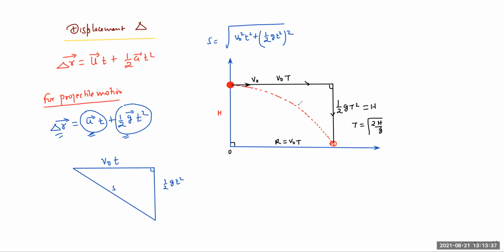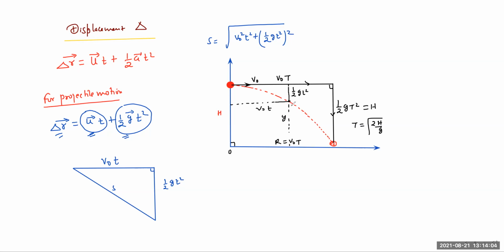Now, let's think about what this location is. This is the location at a general instant. So I can say that you have fallen down only by half g t squared, and you have only moved forward v naught t. So what is the x coordinate and what is the y coordinate?